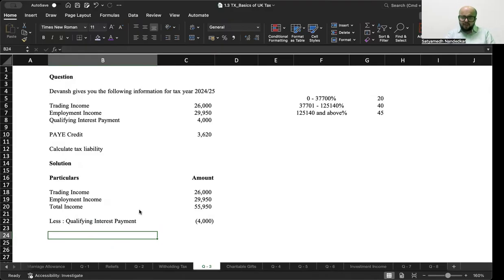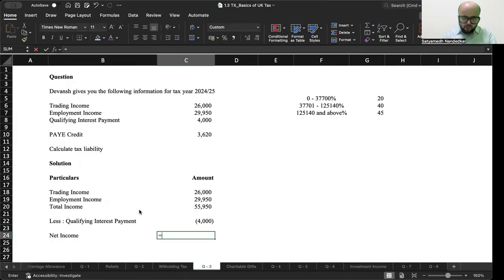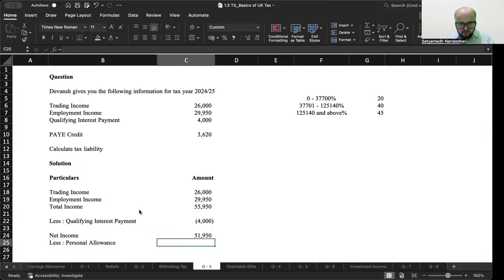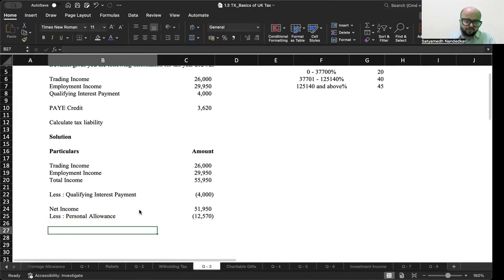From that net income, we'll have to subtract the personal allowance. What is my net income? 51,950. Less personal allowance, 12,570.